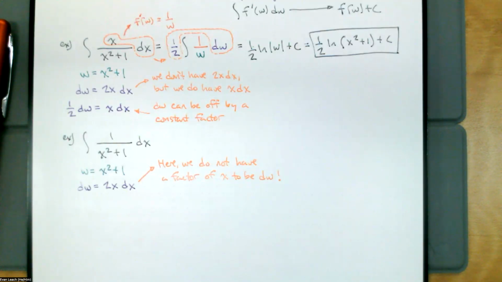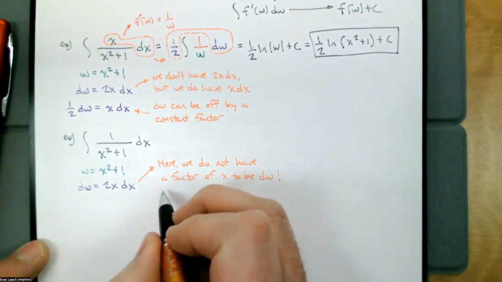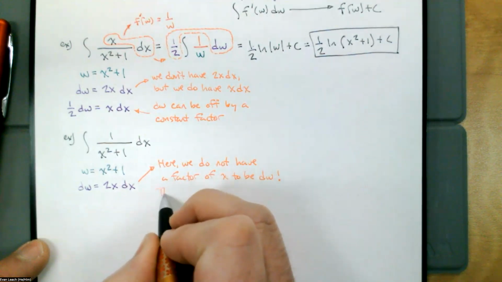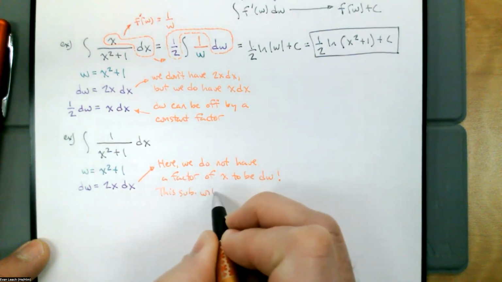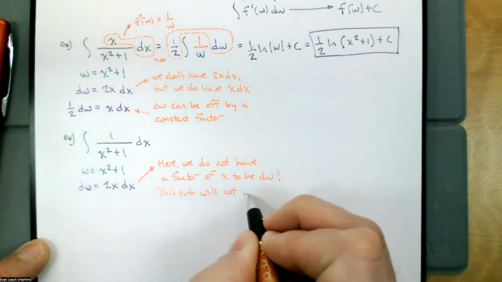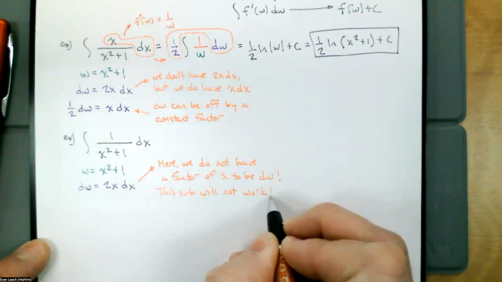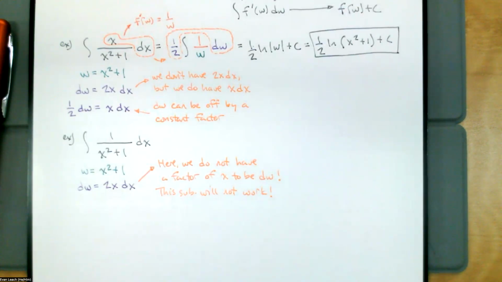Note that I didn't say substitution isn't going to work. I said this substitution is not going to work. In this case, like I said before, it's okay that substitution doesn't work here because we already know this antiderivative.